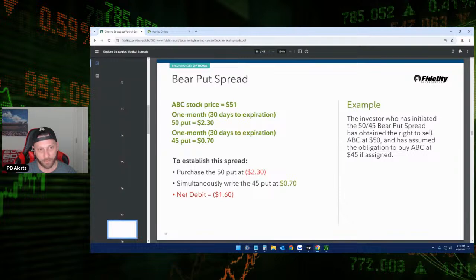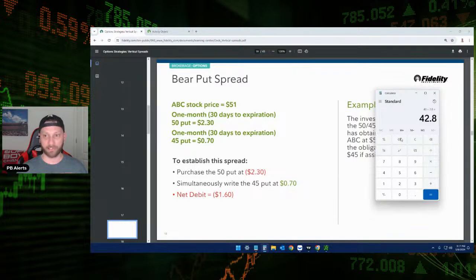When we write that, we're selling it, so that's going to be a credit. Subtract that from the 230, gives us a net debit of $160. See, I love this example because look at the risk reward. We already know 5-wide that this thing's worth 500 bucks.